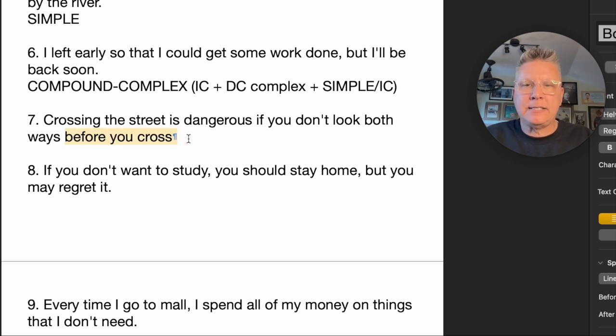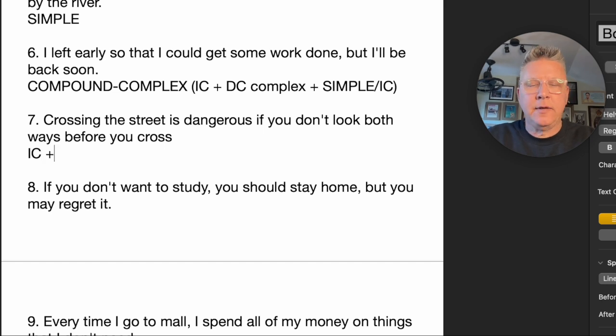Before you cross is a dependent clause. You don't is your independent clause, but the if is a subordinating conjunction. Don't look becomes a dependent clause. So this is actually an independent clause plus a dependent clause plus a dependent clause, and that equals a complex sentence.